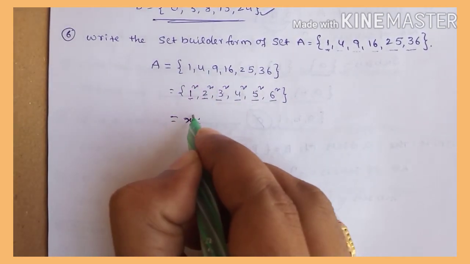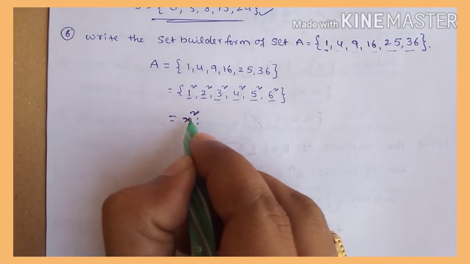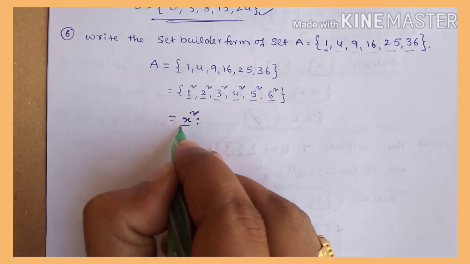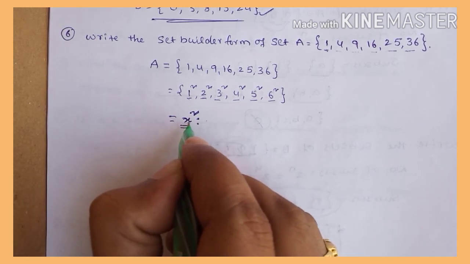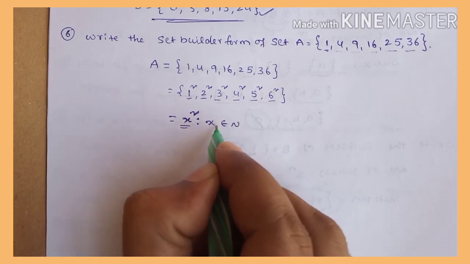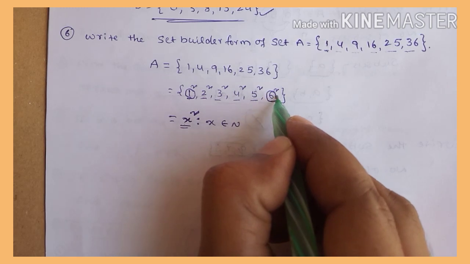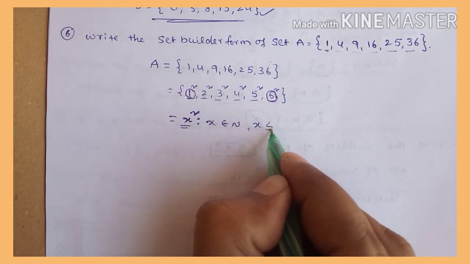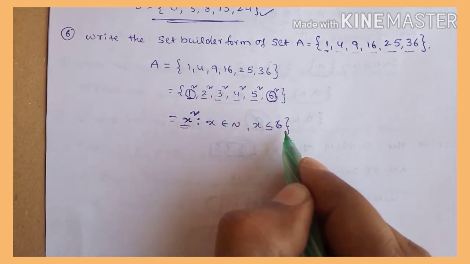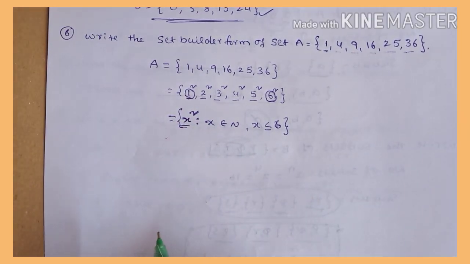The power is the same for all the terms, so x square. Now we can say that x square is the form. Now we have to describe this x. x belongs to natural numbers n, because the starting value is 1 up to how much? 6. So we can say x is less than or equal to 6.